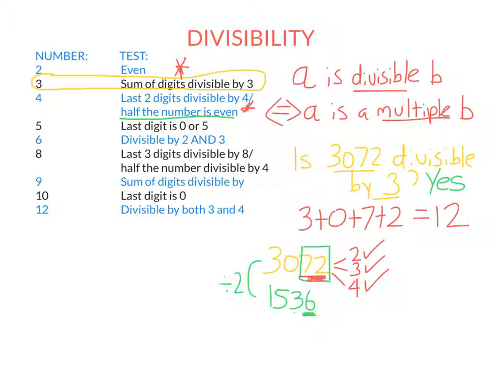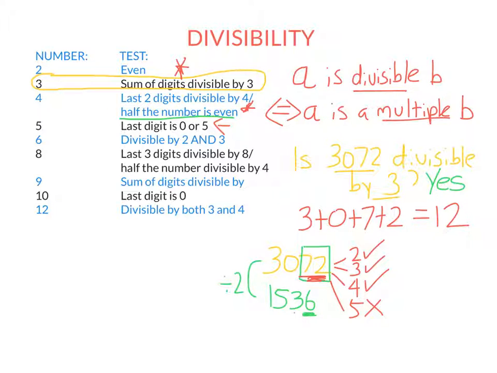So let's check 5. The test for whether or not it is divisible by 5 is easy. Does it end in a 0 or a 5? Of course, this one doesn't end in a 0 or 5. It ends in a 2. So this number, 3072, is not divisible by 5. That means if you did 3072 divided by 5, you wouldn't get a whole number.